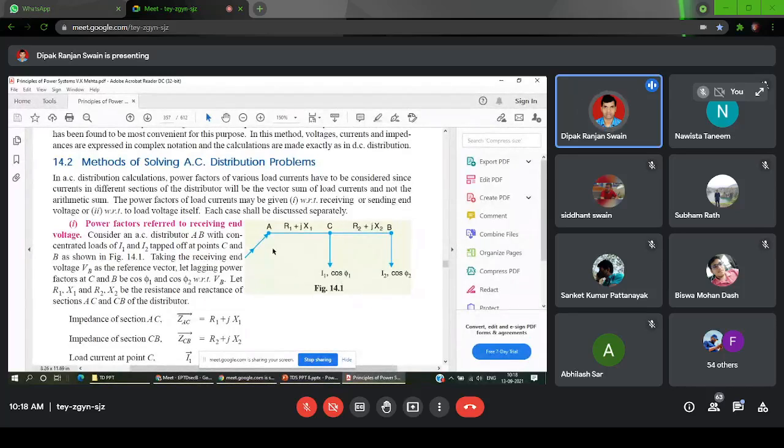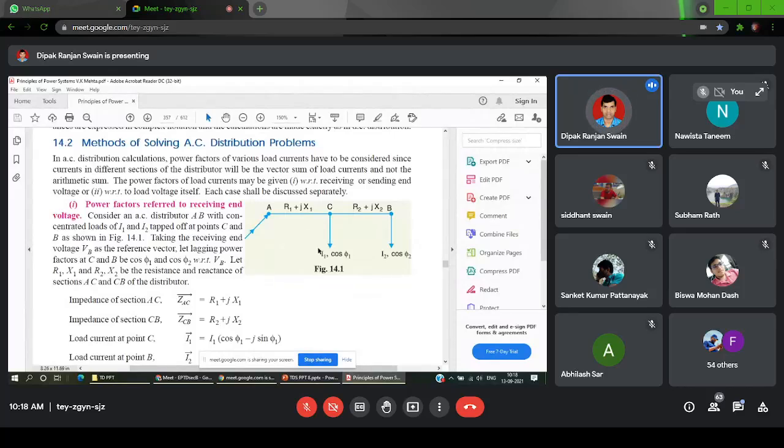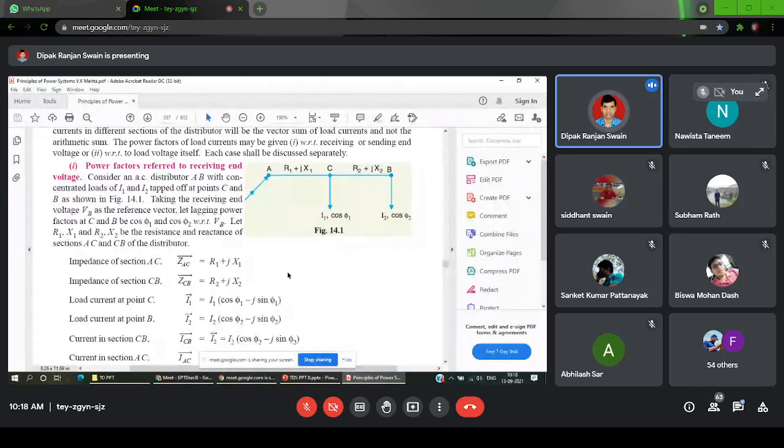If I want to find the voltage drop at each of them, current I1 is written as I1 at an angle of minus phi 1, or in rectangular form I1 into (cos phi 1 minus j sin phi 1). Similarly I2 at an angle of minus phi 2, or I2 into (cos phi 2 minus j sin phi 2).